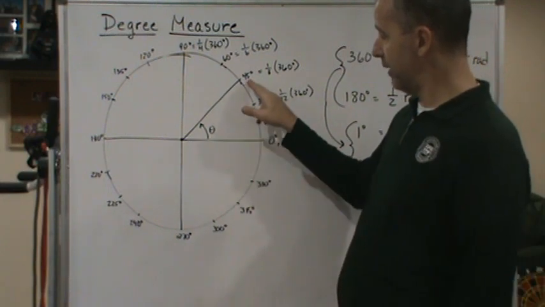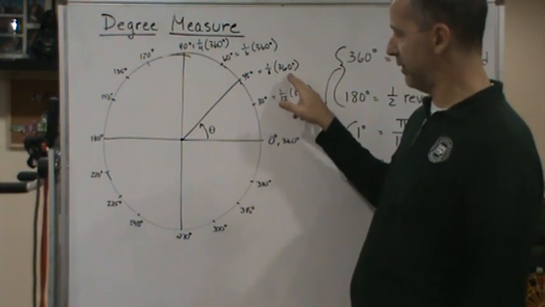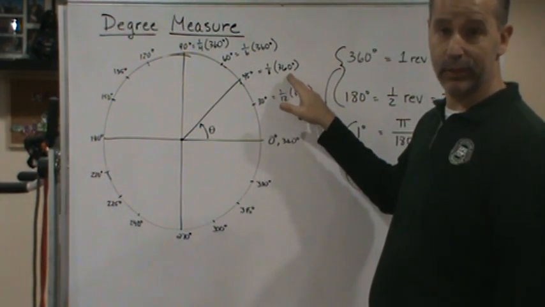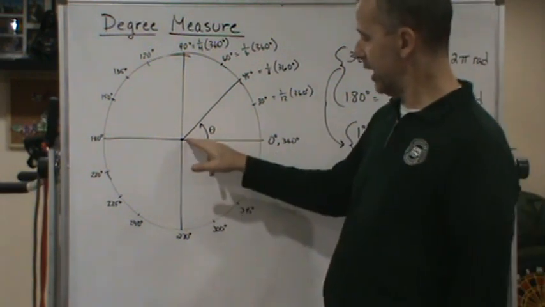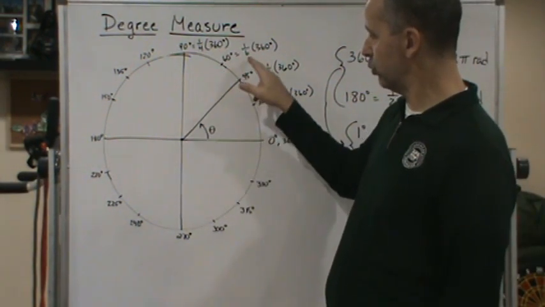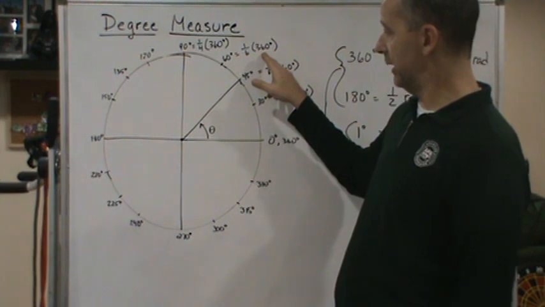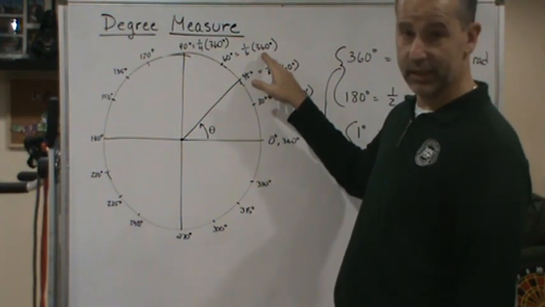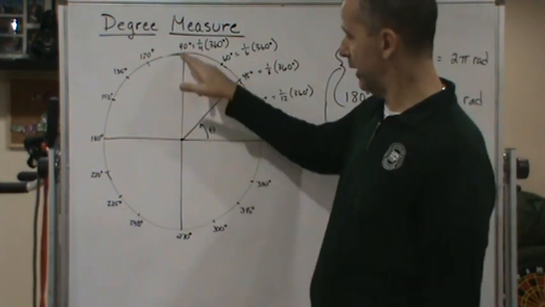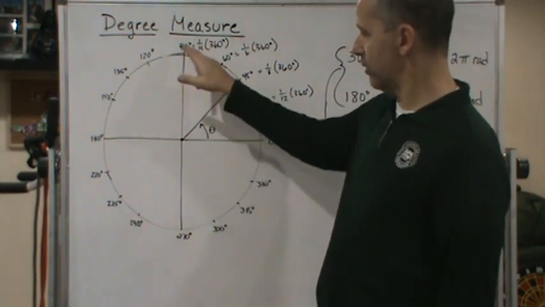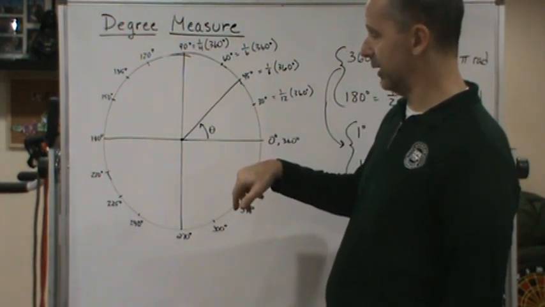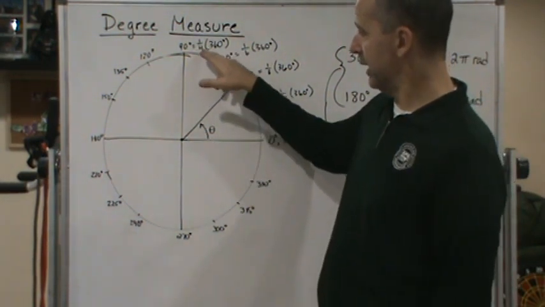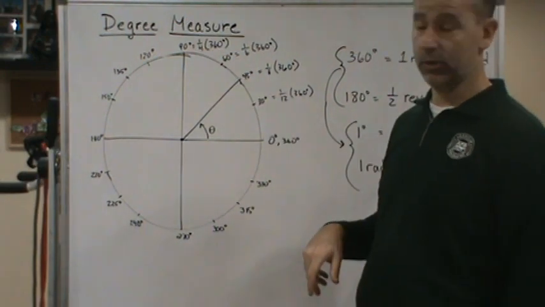And then a 45-degree angle is 1/8 of the 360-degree revolution. And then likewise, 60 degrees is 1/6 of the 360 degrees. And then finally we have the first quadrant ending at 90 degrees, right? So a 90-degree angle, a square angle, is 1/4 of the circle, okay?